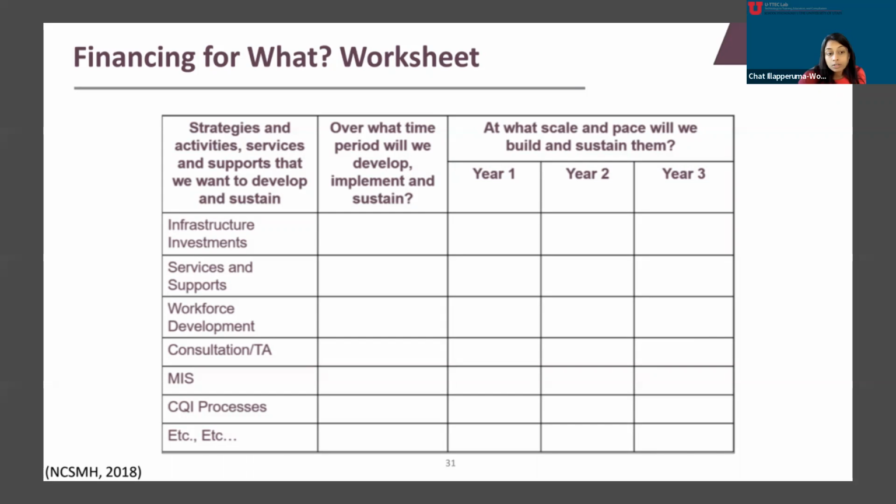Of course, it's nice to start the first year small, so that you can implement, try it out, and then address challenges that you experienced in the second year, which is a nice medium. And then you're ready to really grow in your third year. So again, different ways to think about how you want to develop, implement, and sustain.